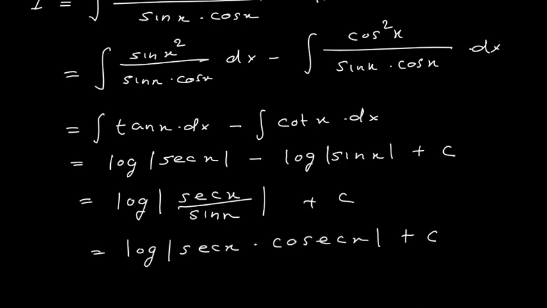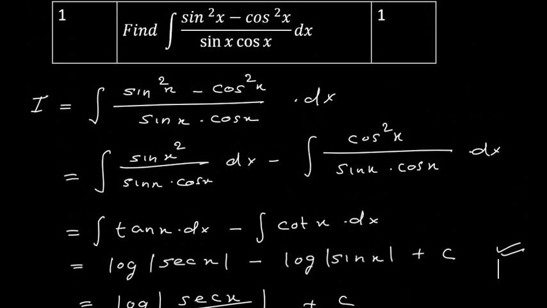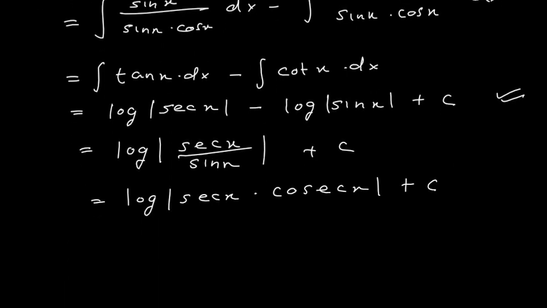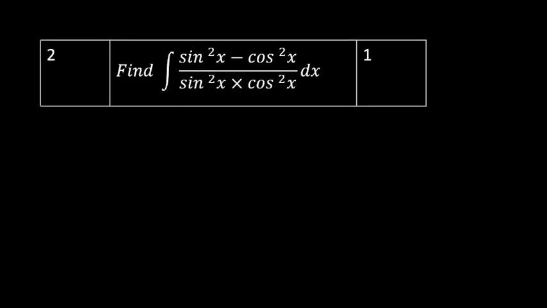If you leave your answer here at this step, then also it is correct. So simple, what we have done, we have split this sin square and cos square, and then we got integration of tan and cot whose formula we know. Now let us move to the second question.